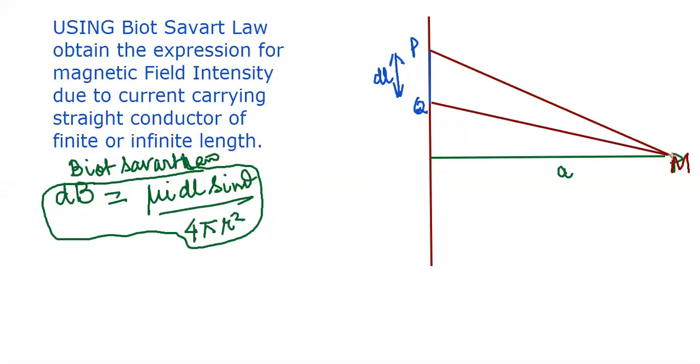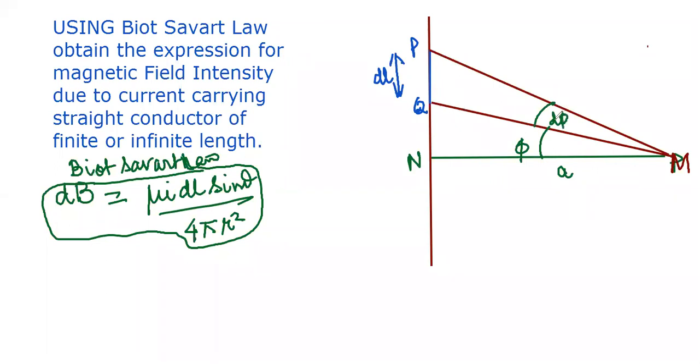You can understand it this way also: the lower end of this small strip is making an angle phi with the line of reference, which we can write as Mn.